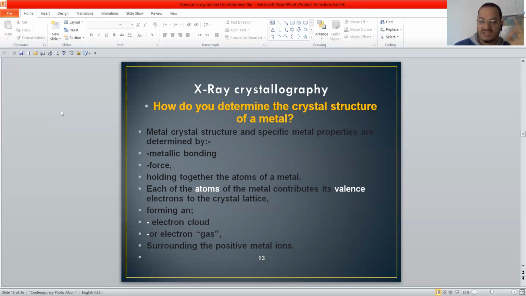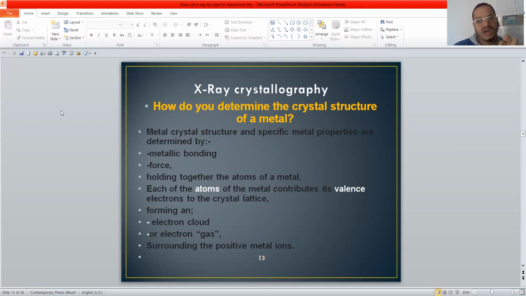It's important. Each of the atoms of the metal contributes its valence electrons to the crystal lattice, forming an electron cloud, or electron gas, surrounding the positive metal ions.